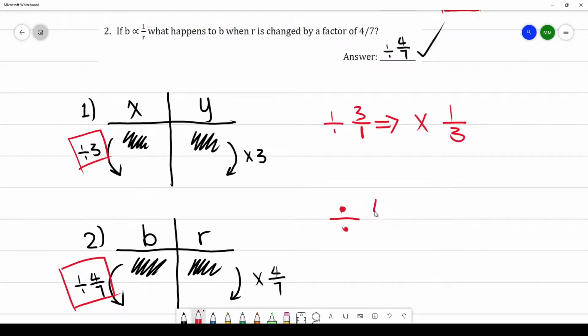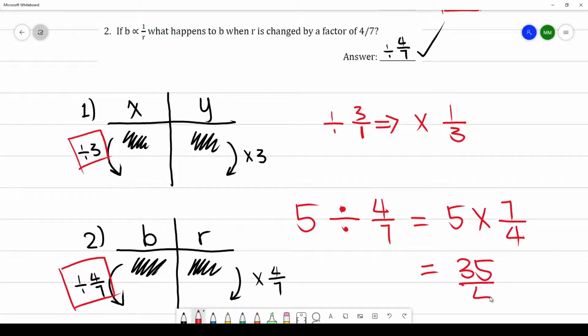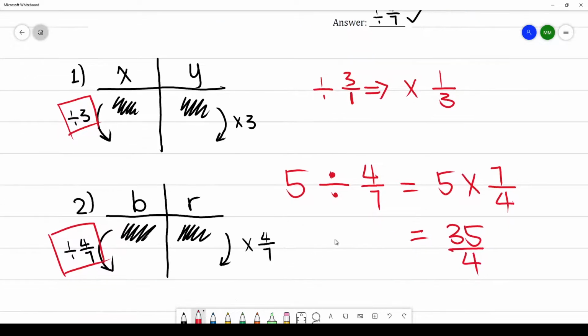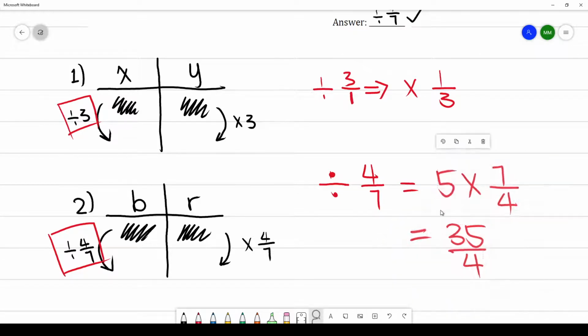So divide by 4 over 7. So if you can imagine, what would you do when you do 5 divided by 4 over 7? How would you calculate that? Well, you would calculate 5 times 7 over 4, right? And when you do 5 times 7 over 4, that's equal to 35 over 4. So when you divide something by 4 over 7, it's times 7 over 4. And that's simply what I want you to get at.